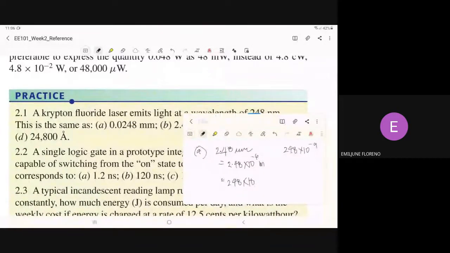Mahimo siyang 248 times 10 to the power of pila exponent? Negative 8, sir. Okay, sa negative 8.